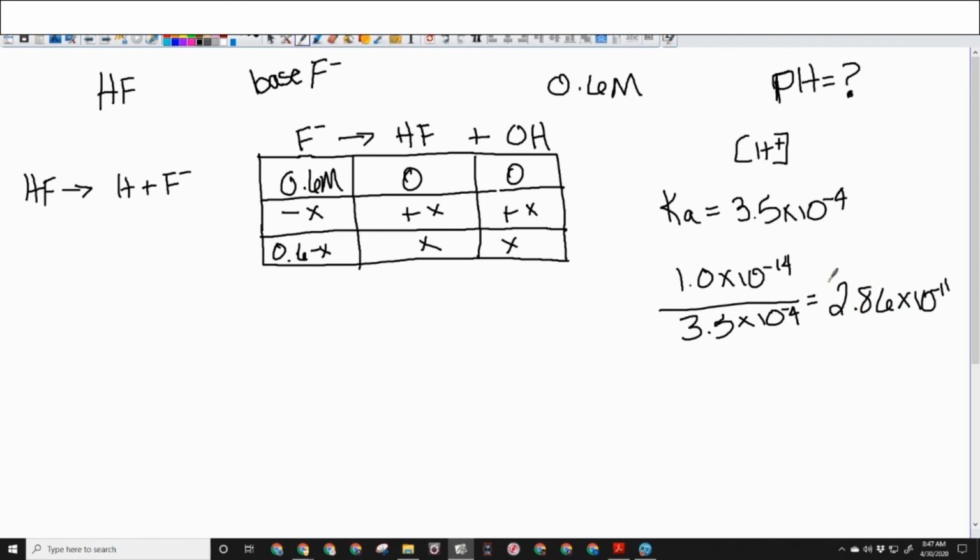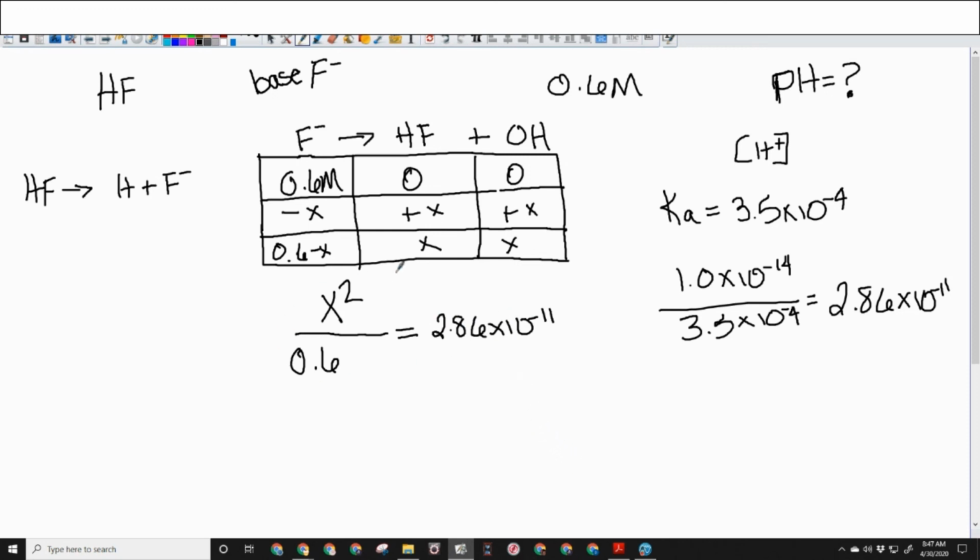All right, so now it's the same old x squared over 0.6. Let's assume that we can drop this off, is equal to 2.86 times 10 to the negative 11.